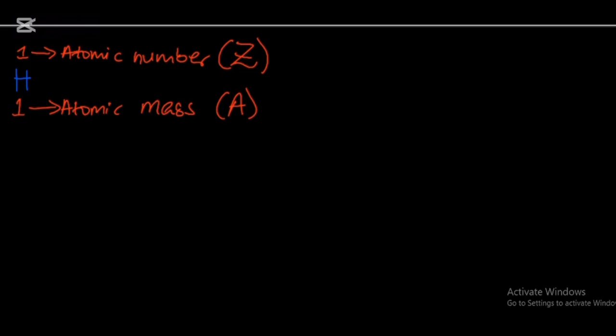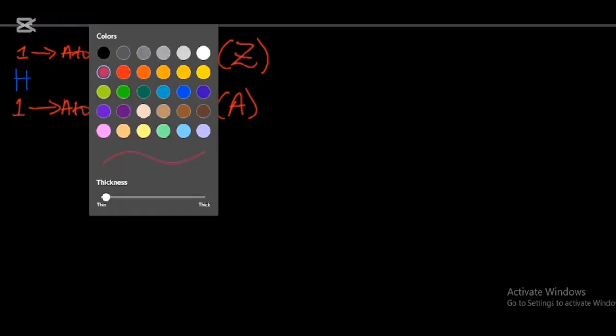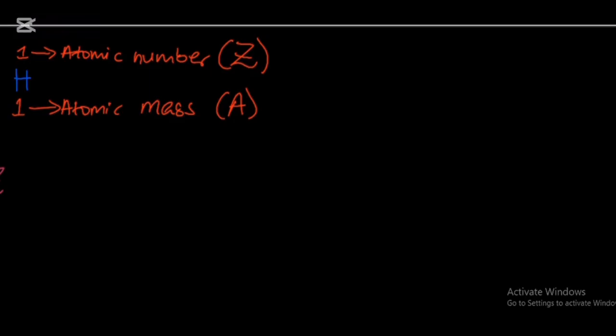So Z, which is the atomic number, tells us the number of protons, and it also tells us the number of electrons. Hope you understand this.